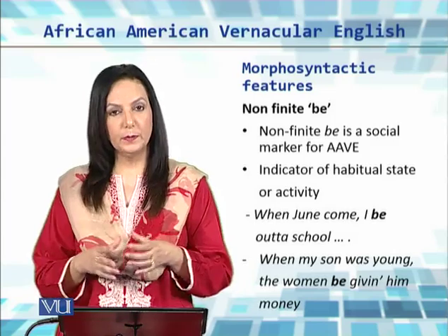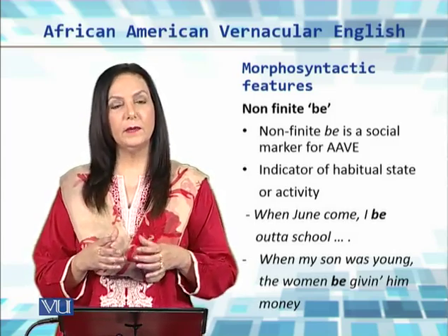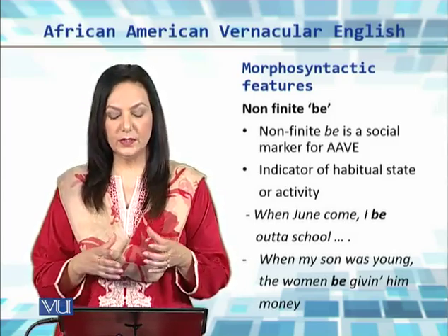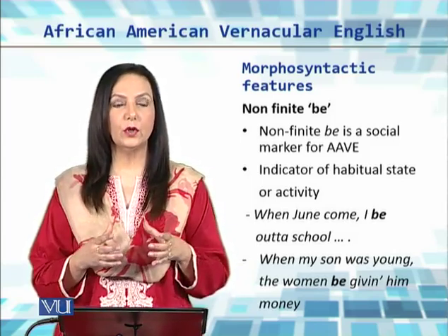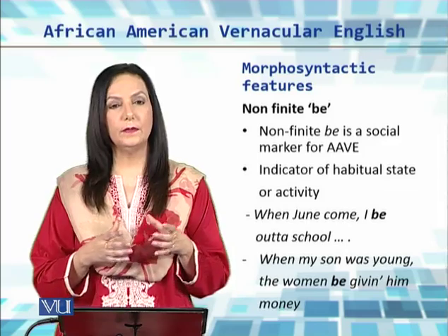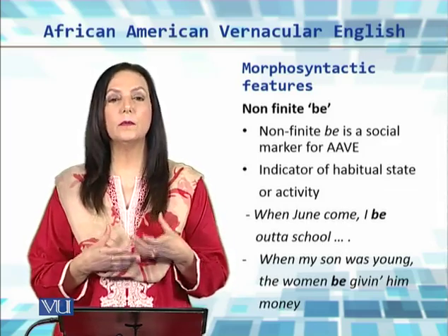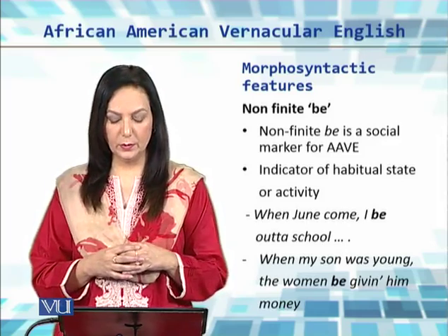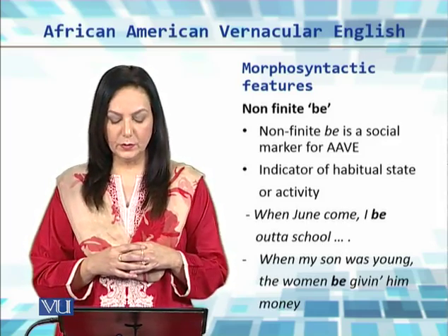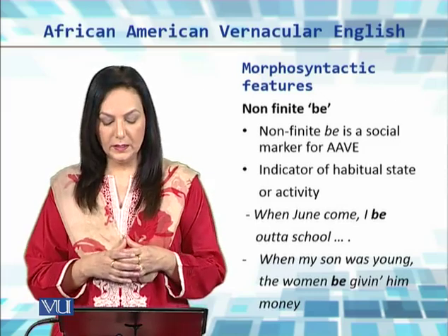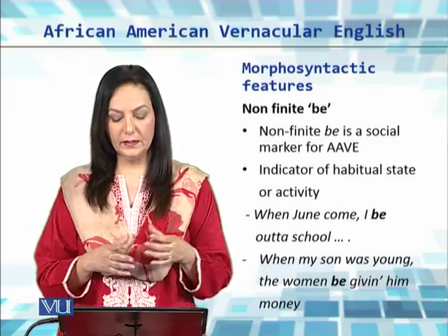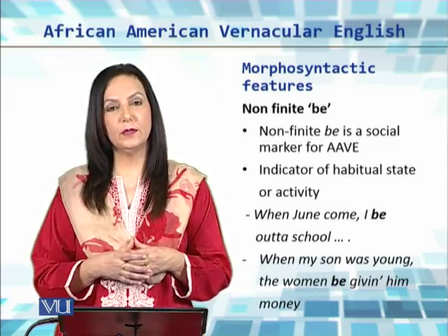The verb to be in African American vernacular English is used as a non-finite verb which does not show number, person or tense, or is not marked for number, person or tense. So one of the uses of non-finite be is the indication of habitual state or activity.